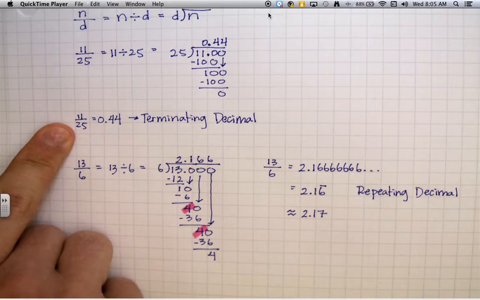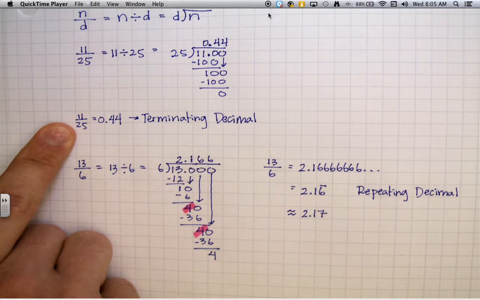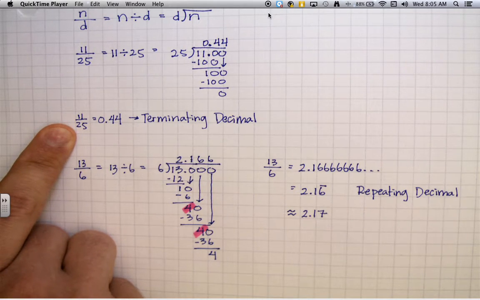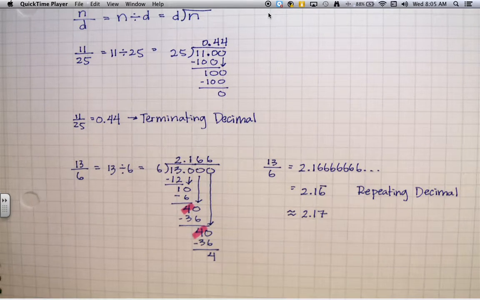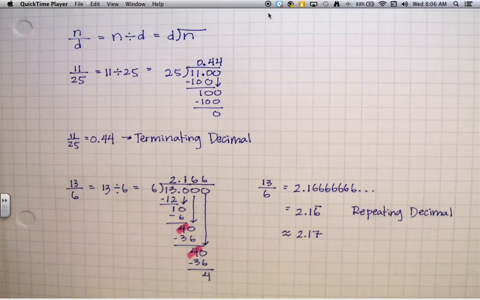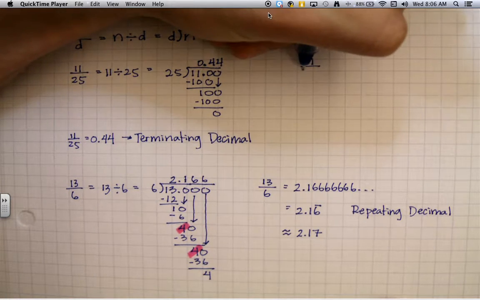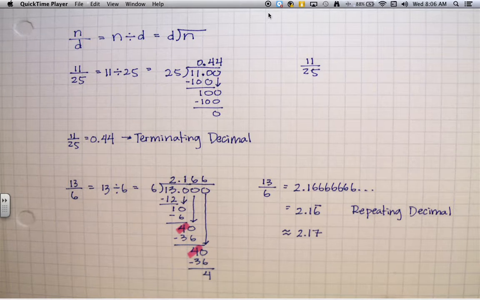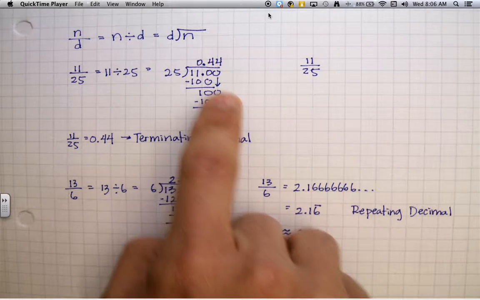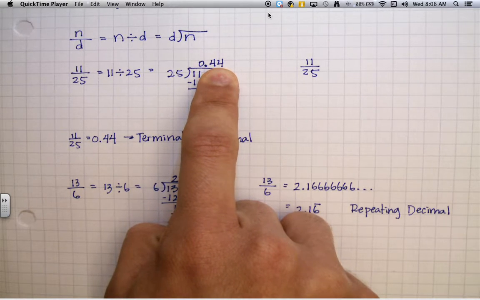We can actually use place value to help us convert any terminating decimal, or any fraction that is a terminating decimal, we can do that without long division if we have a strong understanding of place value. Here's what I mean. I'm going to take 11/25 again. Instead of doing long division, I'm going to see if I can turn that into hundredths, because I know that this decimal terminates in the hundredths place.